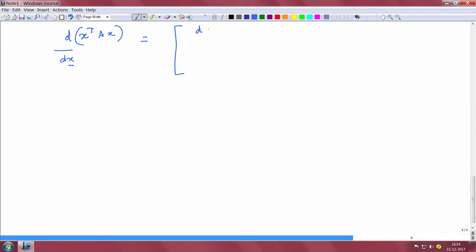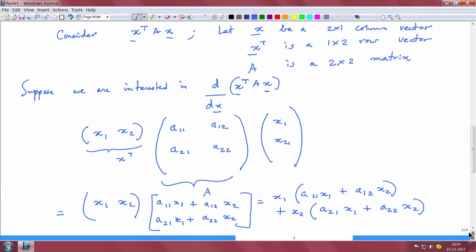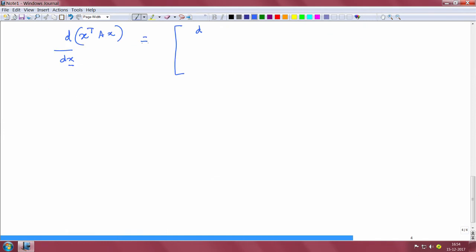Let me call this scalar quantity eta, just for convention. So now we have d bar eta by d bar x1, and then you have d bar eta upon d bar x2.